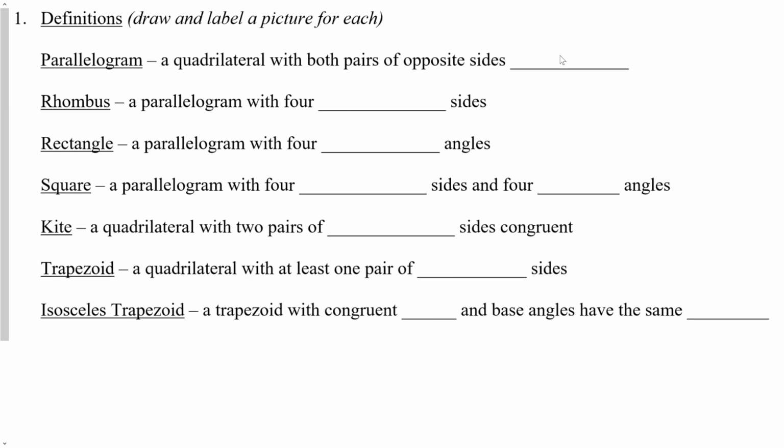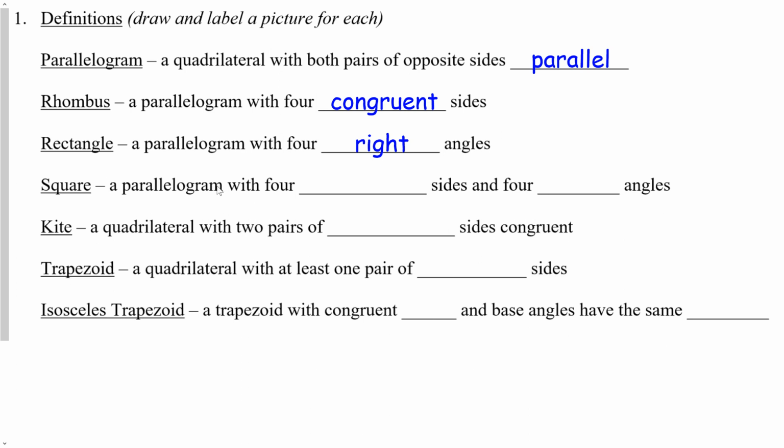All of these are special types of quadrilaterals. A parallelogram is a quadrilateral that has both pairs of opposite sides being parallel. A rhombus is a type of parallelogram, but a more specific type, because now it has four congruent sides. A rectangle is another type of special parallelogram, this time with four right angles.